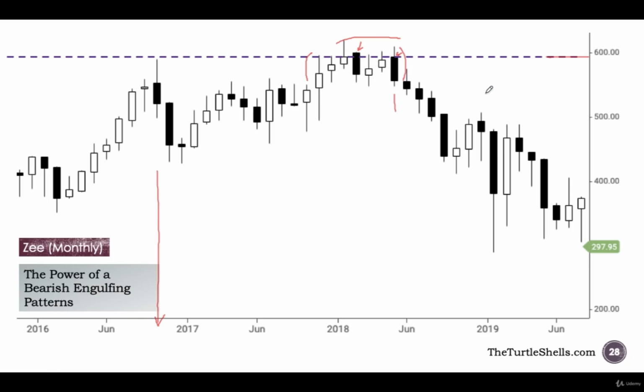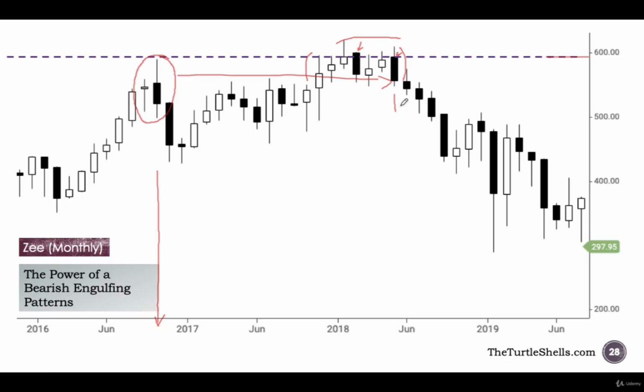So some of the candles have crossed the 600 level, but they have not closed above it, which goes to show how important the resistance created by the bearish engulfing pattern is, even after so many months. Because 1.5 years, people tend to forget what happened 1.5 years ago. That's 18 months. It's a very long time.